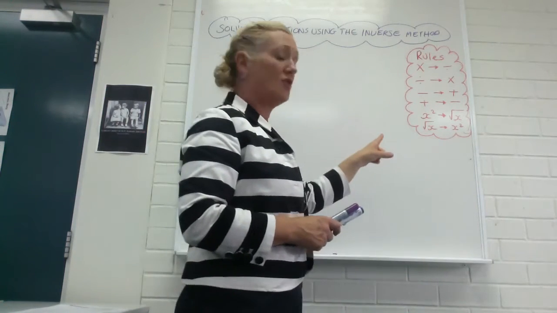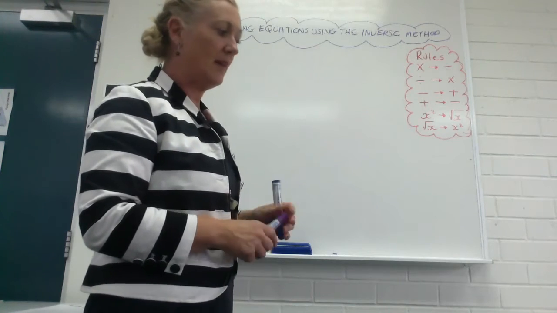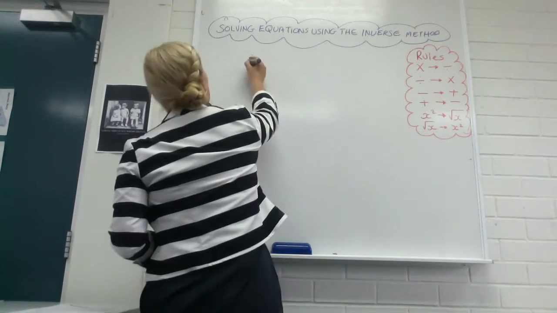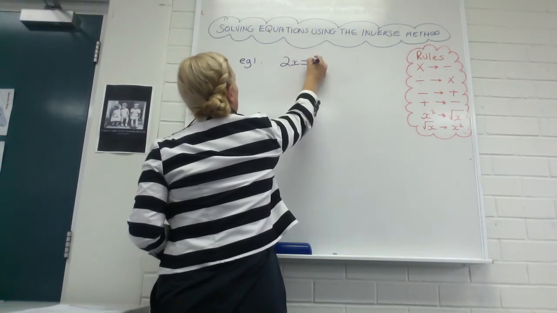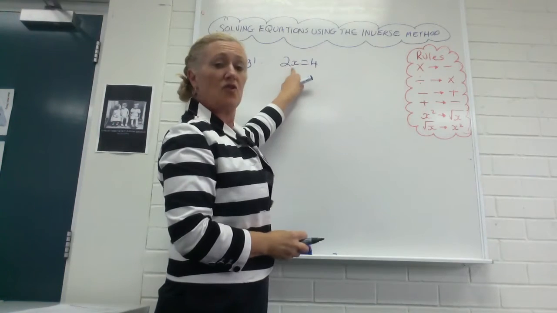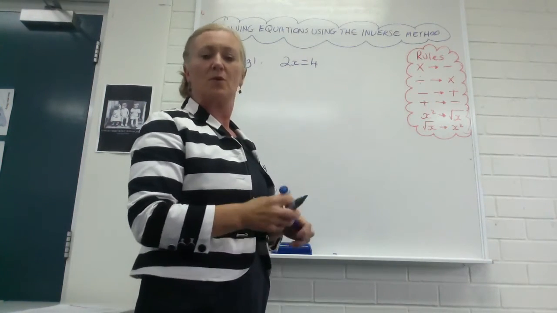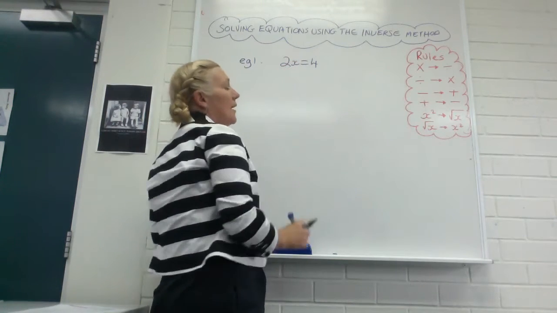So it's important to know those rules. As we go through, I will refer to them. Let's start with our first example. 2x equals 4. Now you all know, in between the 2 and the x is an invisible multiplication. So this says 2 times x.